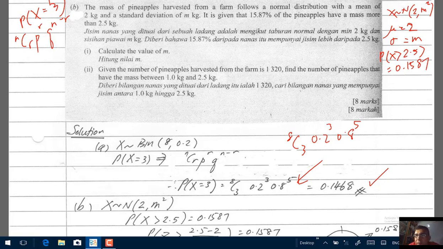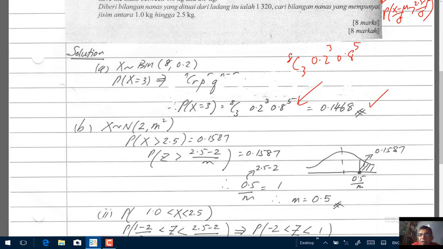So the rest is pretty easy because we are going to change this to a z. So we can write the probability of (x minus mu) over sigma is greater than (2.5 minus mu) over sigma. And you know the values of mu, so let's plug that in. (x minus mu) over sigma is z, so that's what you see here. 2.5 minus mu, which is 2, over sigma, which is m, so the probability z is bigger than 2.5 minus 2, which is 0.5 over m, and that equals, that's given to us, 0.1587.